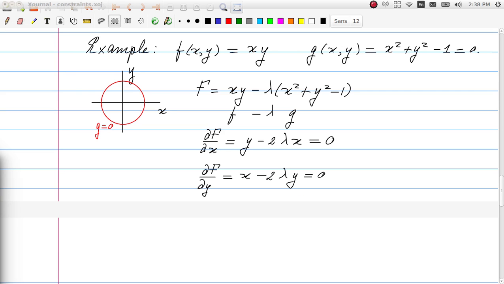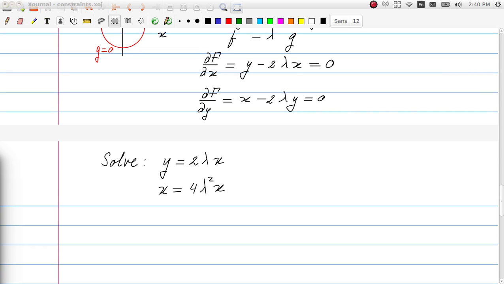That leads to the following 2 equations. The derivative with respect to x gives y minus 2 lambda x, and that should vanish, and the derivative with respect to y gives x minus 2 lambda y, and that should vanish. The first equation directly leads to y equals 2 lambda times x, and the second equation leads to x equals 4 lambda squared x, once we substitute for y what we found in the first equation.